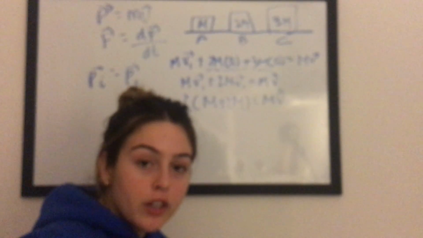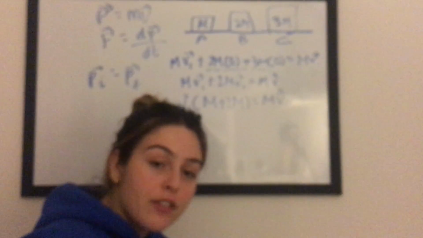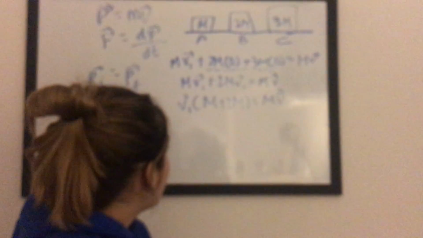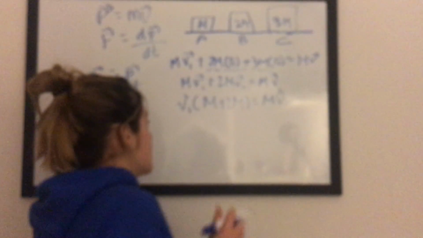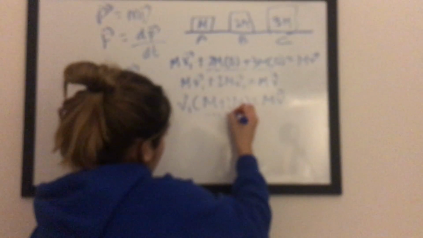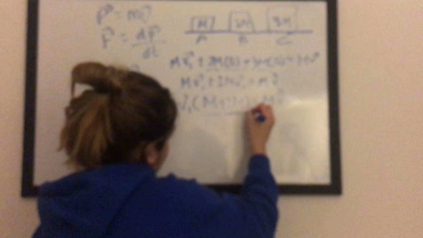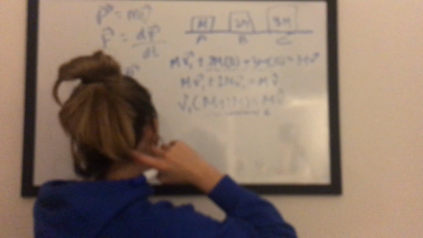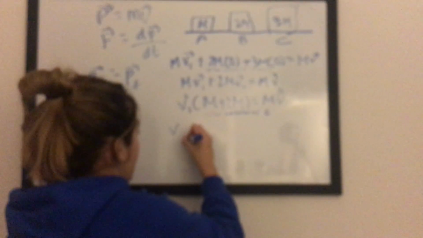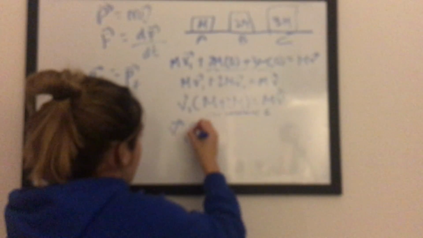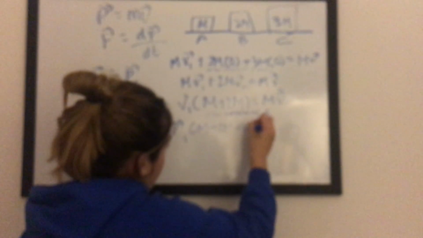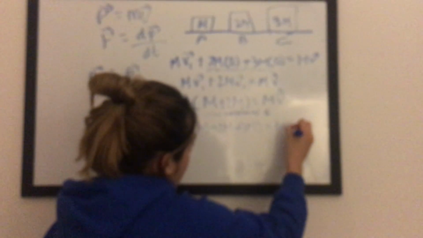Now we're going to look at the velocity after the collision with C. After the collision with C, velocity is m plus 2m plus 3m equals mv.